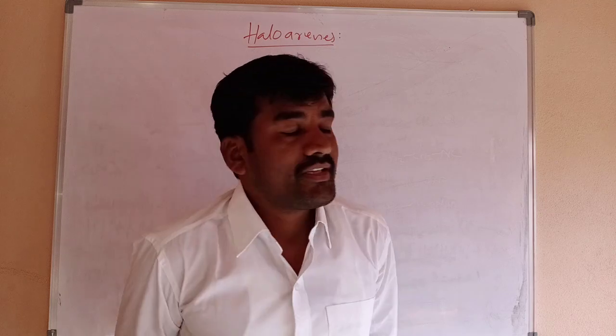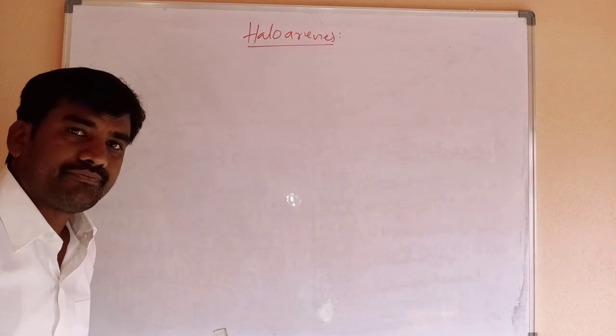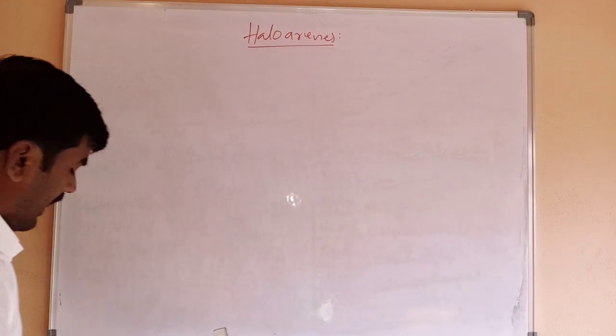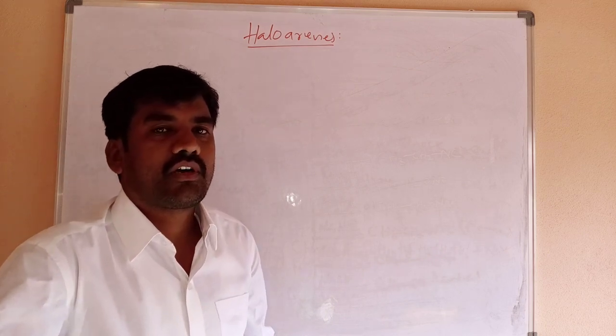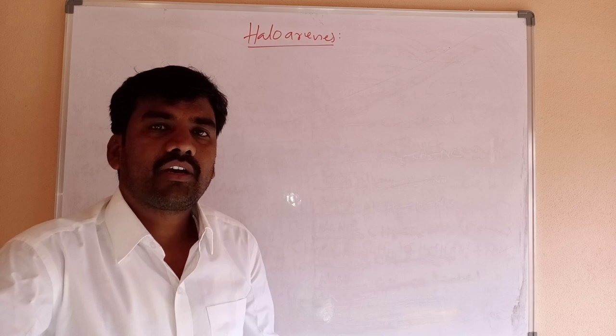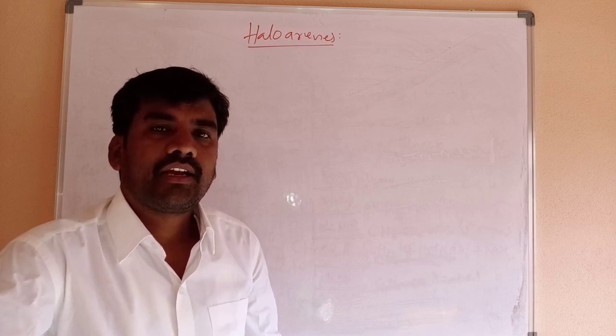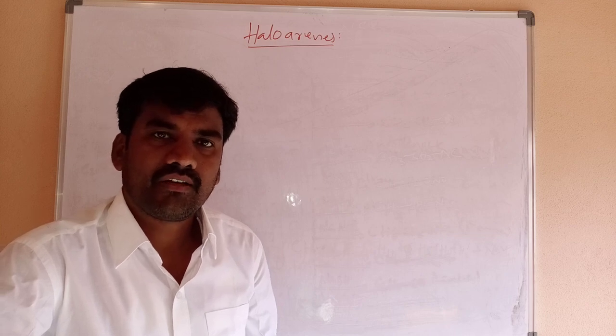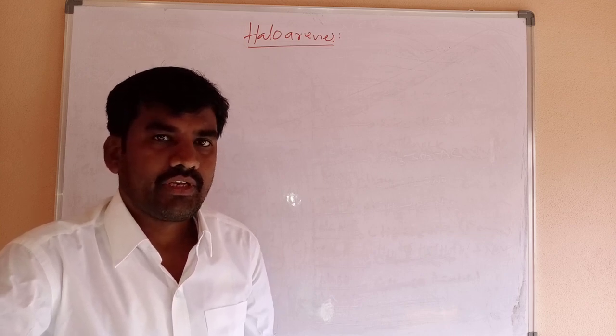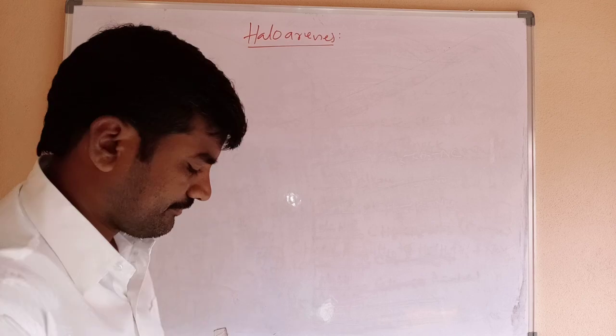Today we are going to start haloarenes. What are haloarenes? Haloarenes are aromatic hydrocarbons in which one or more hydrogen atoms are displaced by a corresponding number of halogen atoms. They are called haloarenes or aryl halides.